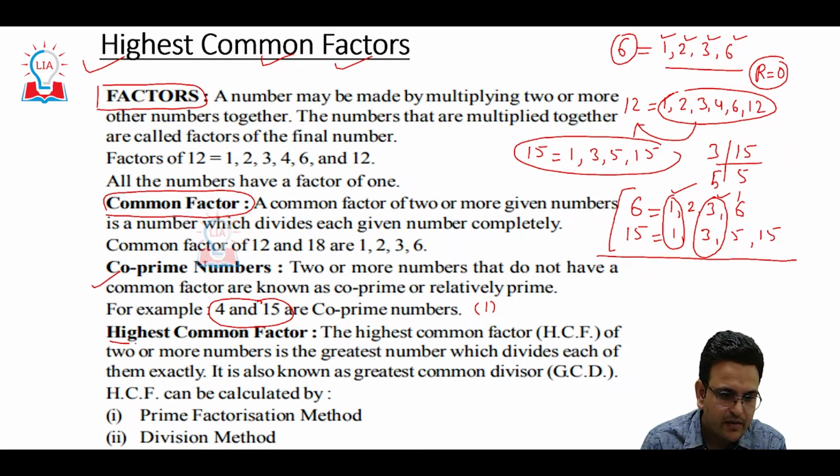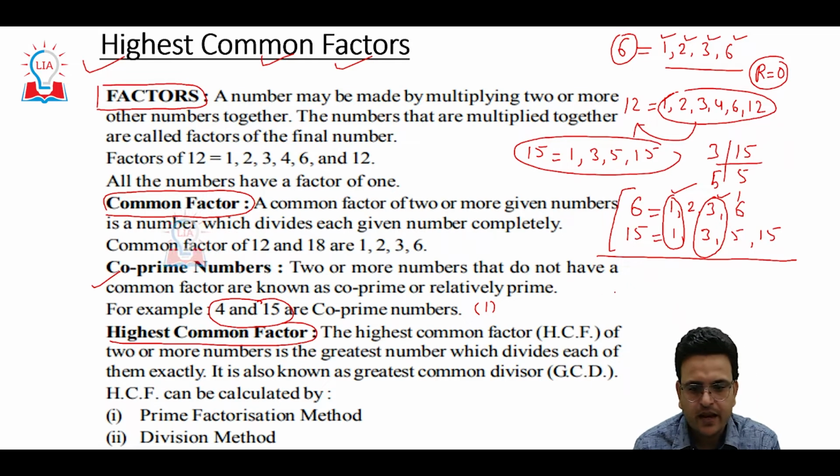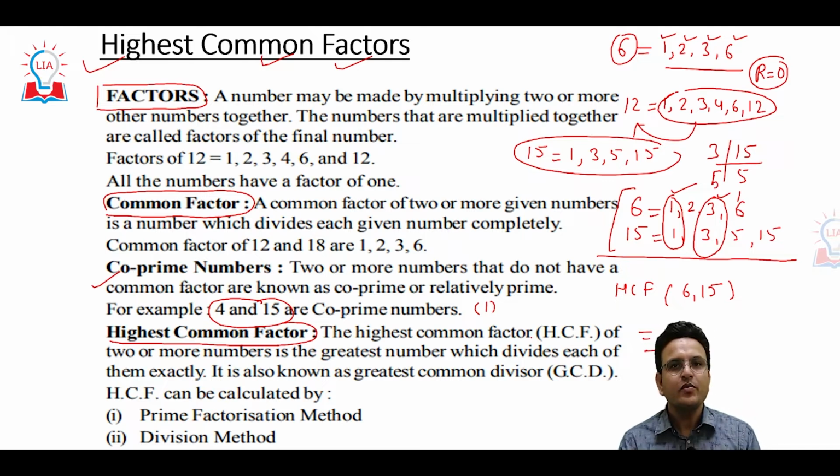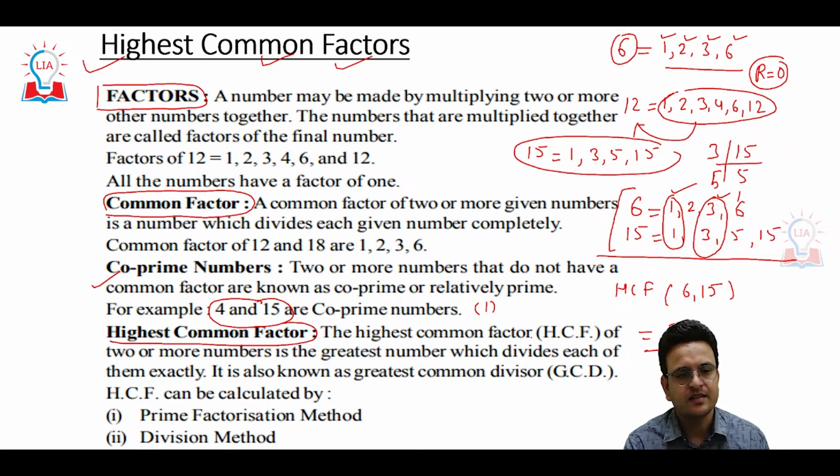Now we are talking about the highest common factor. When we say HCF of 6 and 15, the highest one will be 3. So hope you are able to understand factors, common factors and highest common factors.